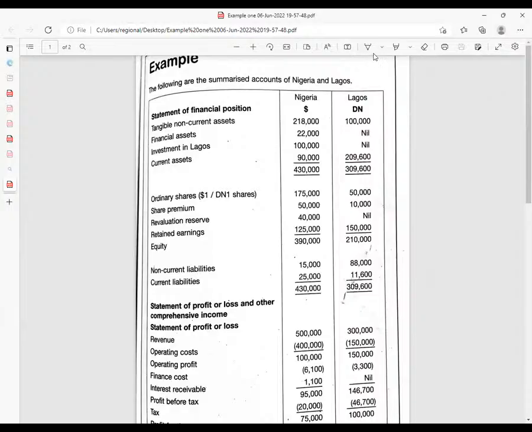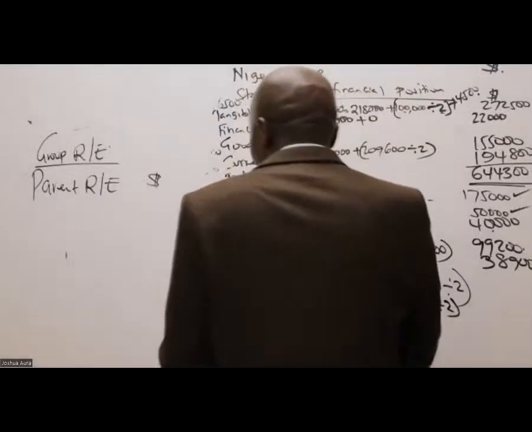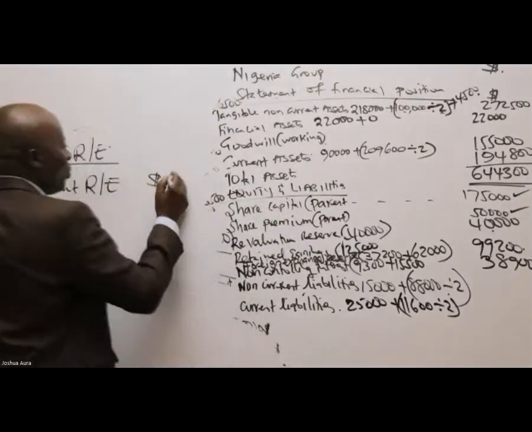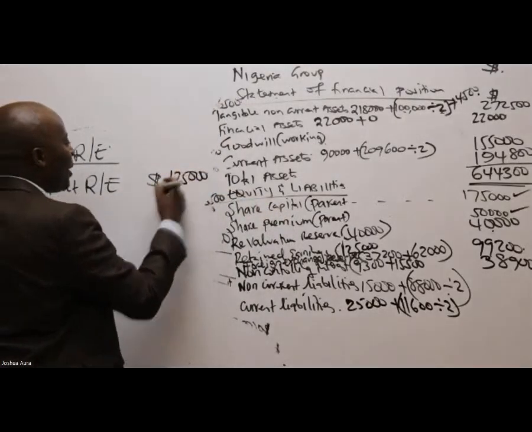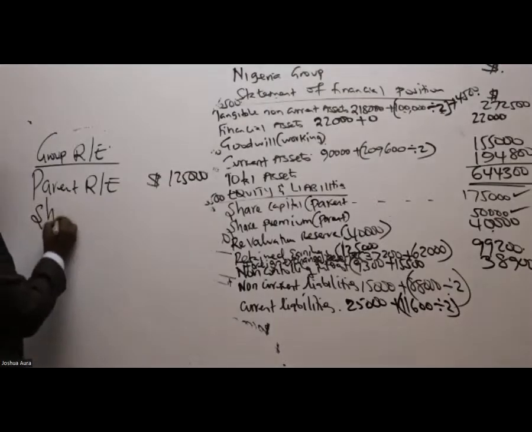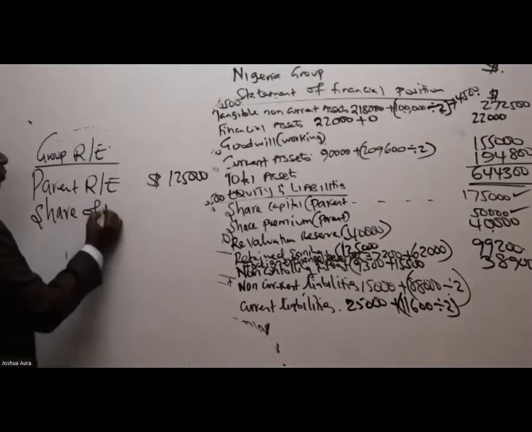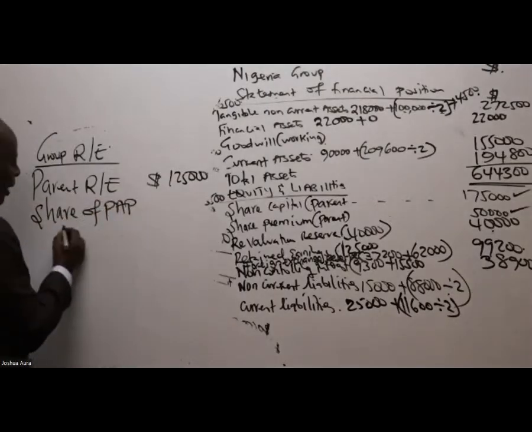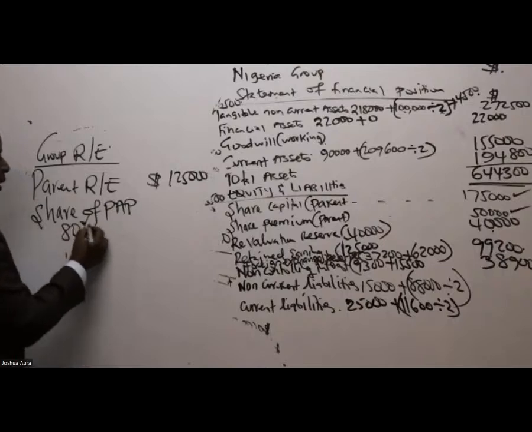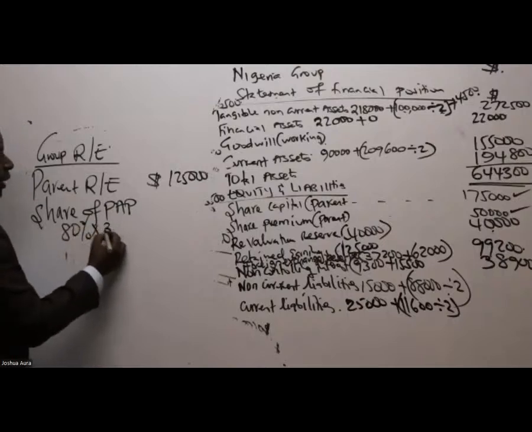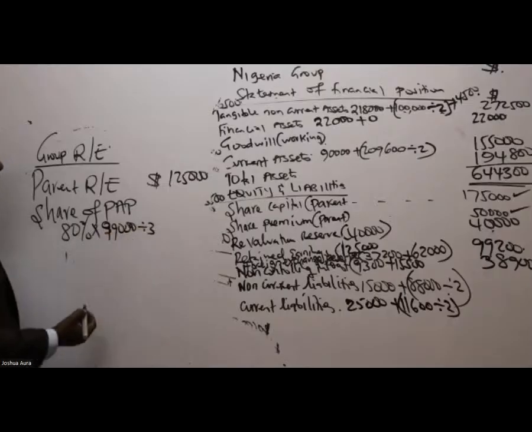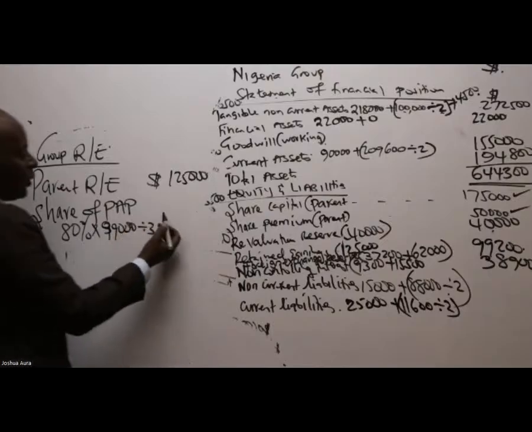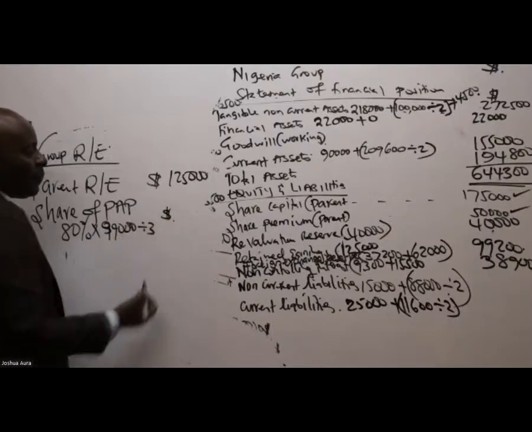So here we have 125,000. So remember here we can only bring what here? The share of POP alone. So share of POP, it will be 80% of the 33 or 99,000, but divided by 3. So could you kindly give me this figure? Itakuja kuwa ngapi somebody?